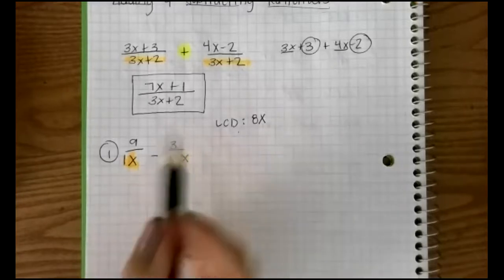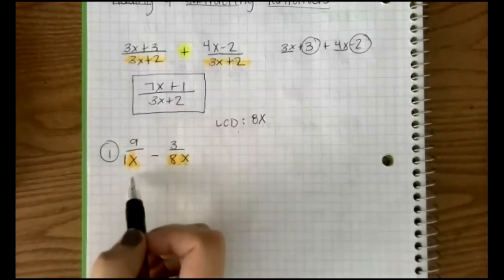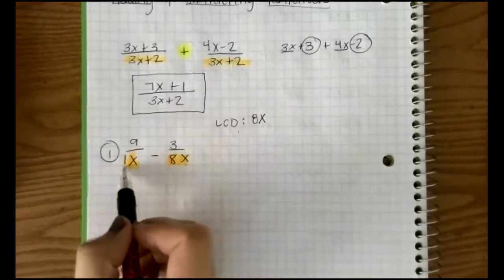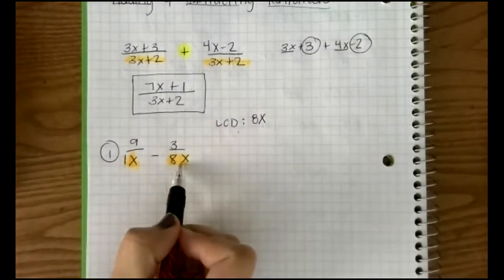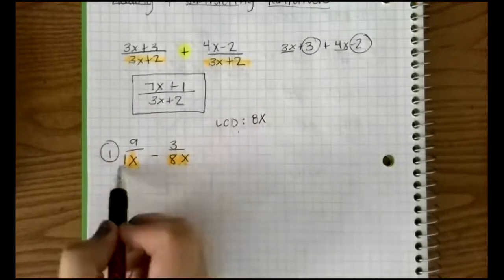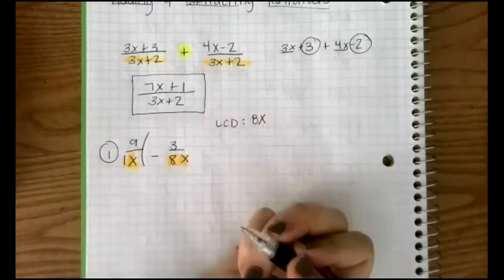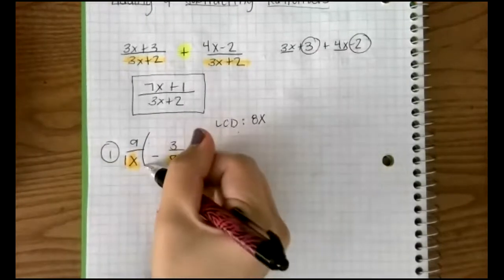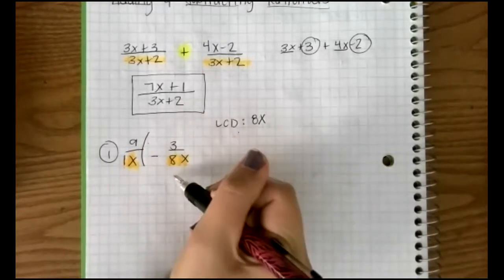But basically, you want to pick your denominator that you can only multiply to change this one. And if you can, you try to make 1x just 8x. We'll see that doesn't always happen. Sometimes you have to change both of them. And remember, when we're changing our denominator, we're multiplying the top and the bottom by whatever we need to get to 8x.